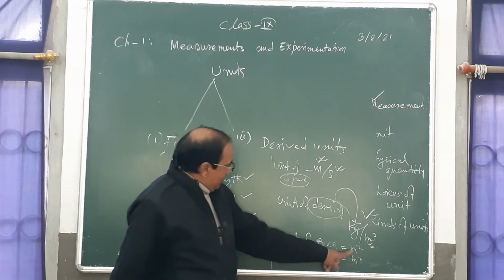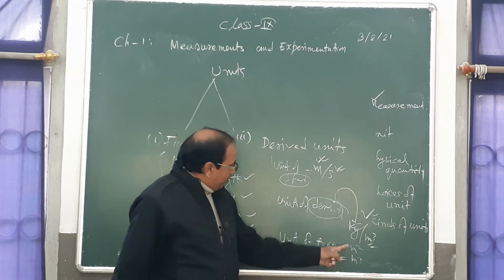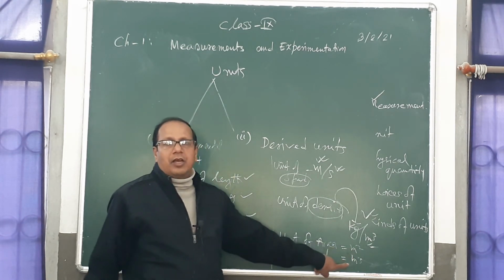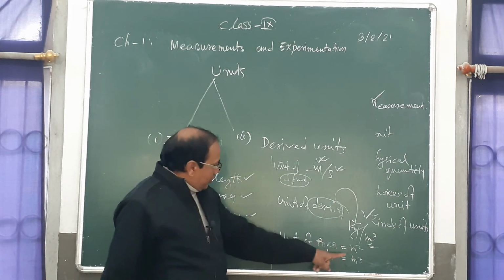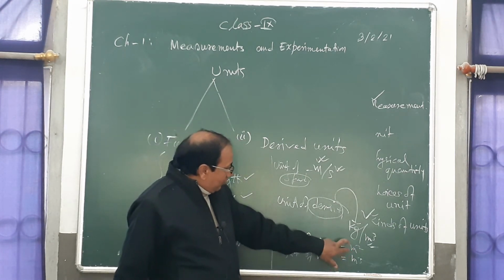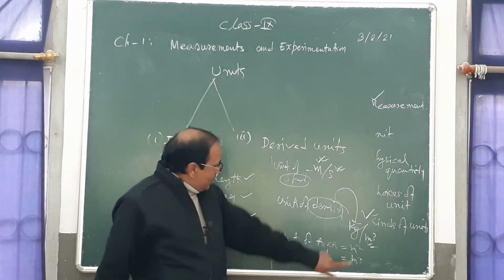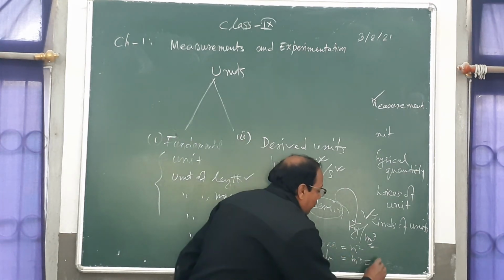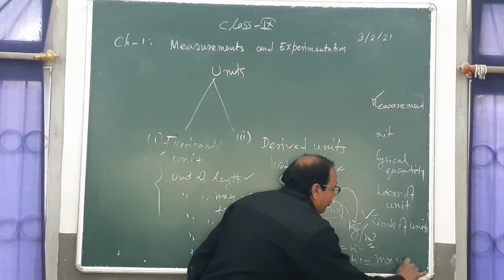Look here, meter square and meter cube depend only on length, whose unit is meter, even then they are also derived units. Meter square means meter into meter, and meter cube means meter into meter into meter.